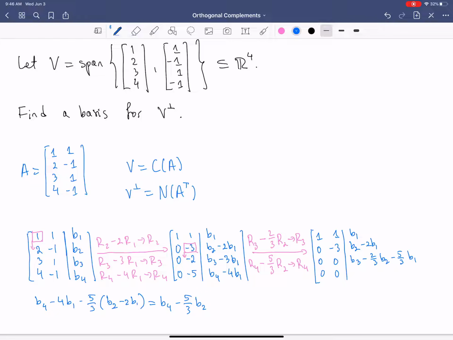And now I have to group B1. So I have plus 10/3 minus 4B1. 4 is 12/3. So this whole thing is negative 2/3. And I get here B4 minus 5/3 B2 minus 2/3 B1.